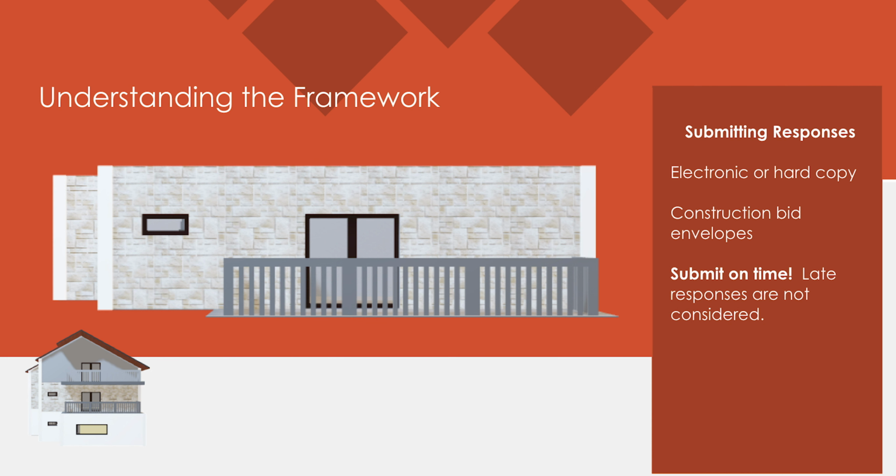You must understand the agency's policies for submitting responses. Government agencies have different processes for submitting your response. Some use electronic processes. Some require you to submit a hard copy of your response, and some allow either option.